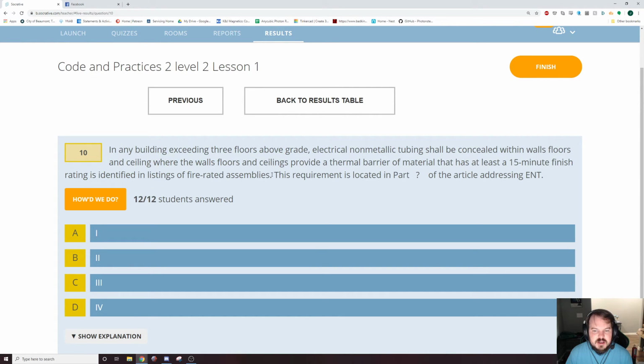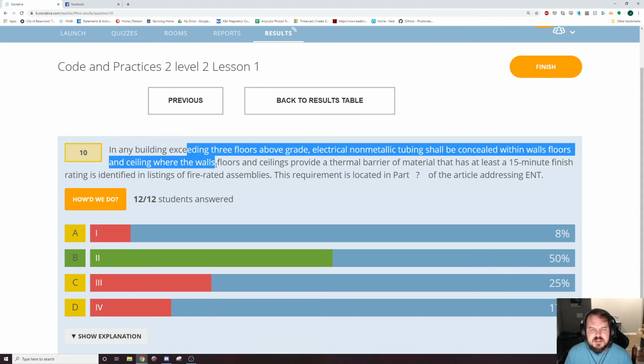It looks like this is installation requirements. Installation requirements is part 2. I would go to this article and find this requirement and see what part you're in. But if you know that this has to do with installing the conduit, that's got to be part 2.